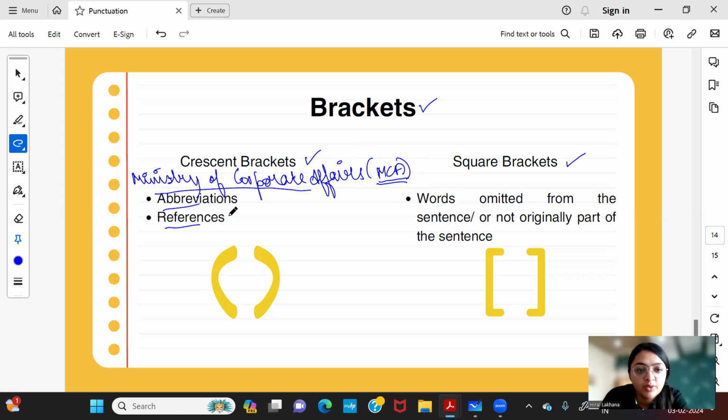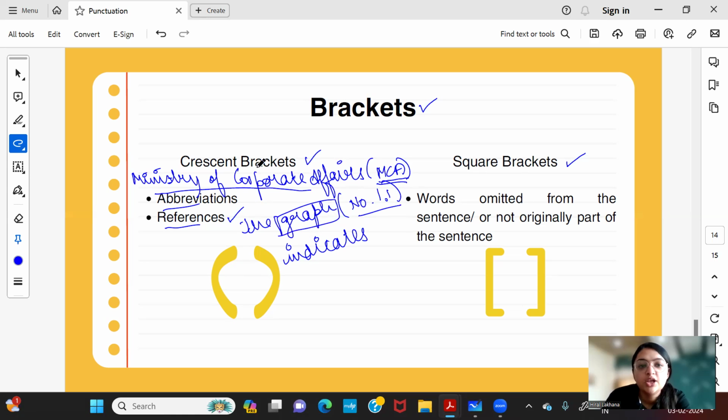And further, if we want to give references, say the graph indicates, now we want to show which graph it is. If we say the graph number 1.1, we are giving a reference to the graph that we are talking about here. So crescent brackets are usually used in the case of abbreviations or references.